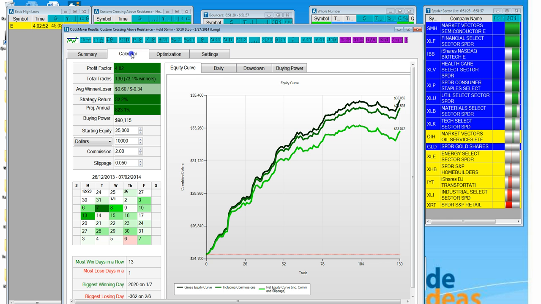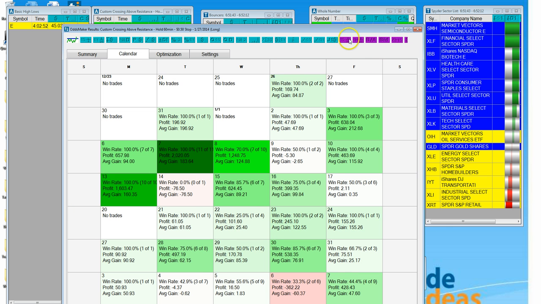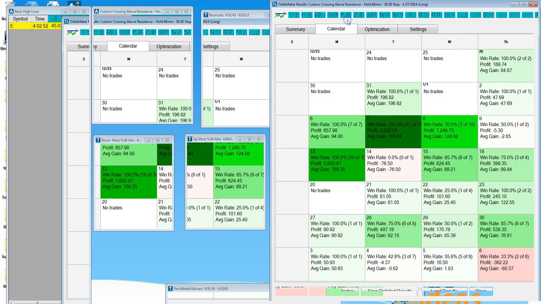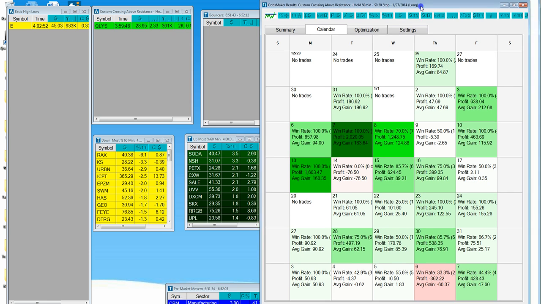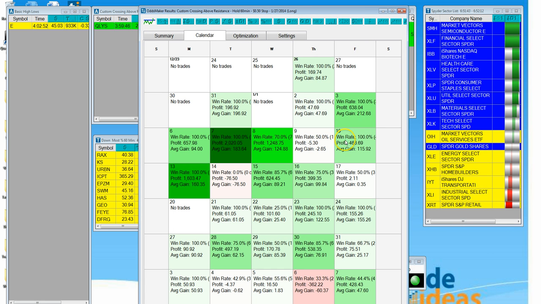I also just want to show you one thing. You see the calendar here, and this is a beautiful presentation of what has happened over the course of the 30 days that it has checked. You can see by the dark color, that was the best day, and the slightly less green means it's not as great as this particular color.